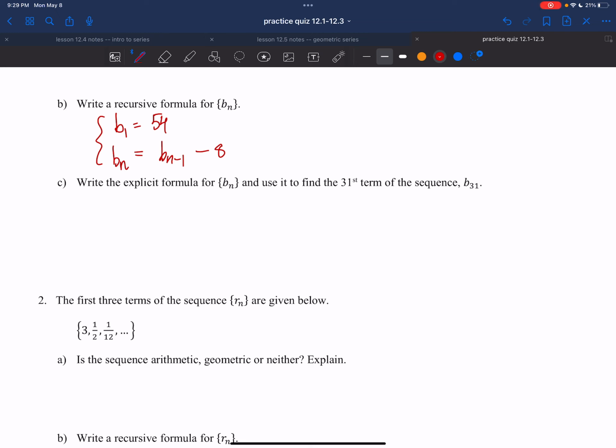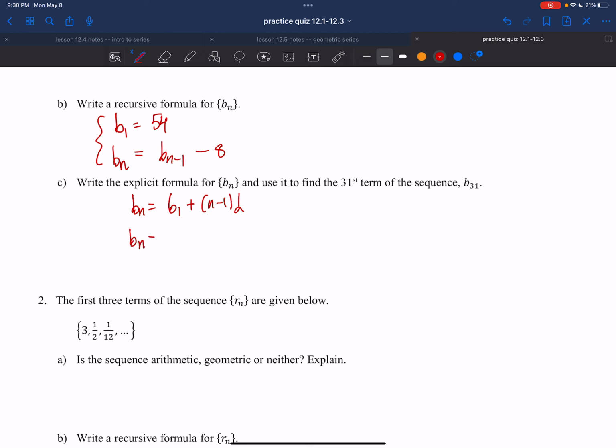Okay, now let's write an explicit formula. So explicit formula, remember, is something that I can just plug in or substitute in, and it'll tell me what it is. So this is arithmetic, which means b sub n is the first term, b sub 1, plus the n minus 1 common differences.